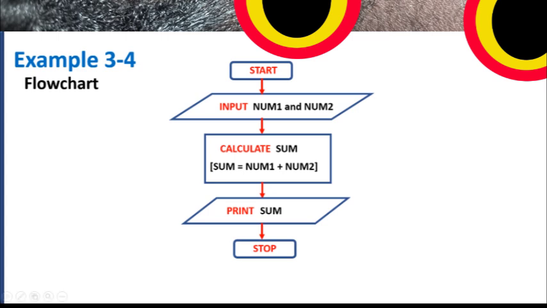So your application is flowing very logically down, whereby you cannot calculate before you have put numbers in. It can't calculate unless the numbers are entered. You can't print sum unless they are calculated. You can't stop when you have not started.